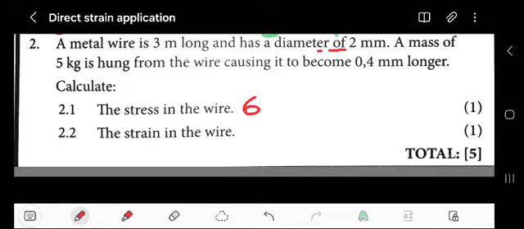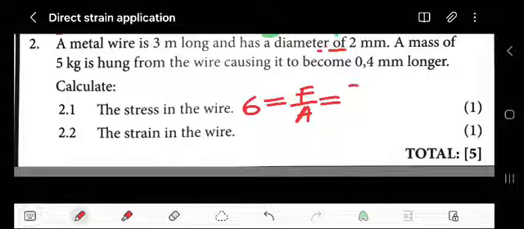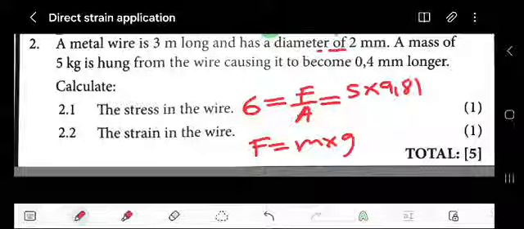Shear stress is simply force over area, whereby the force here will be 5 kg multiplied by 9.81. You know that force is equal to mass multiplied by g.